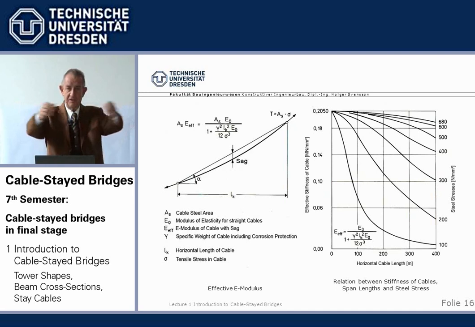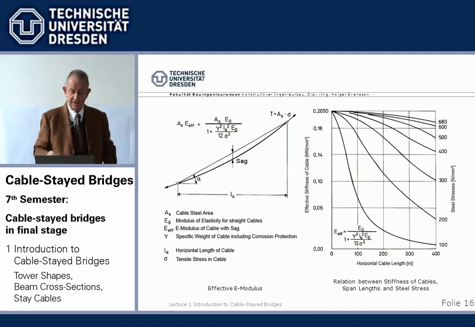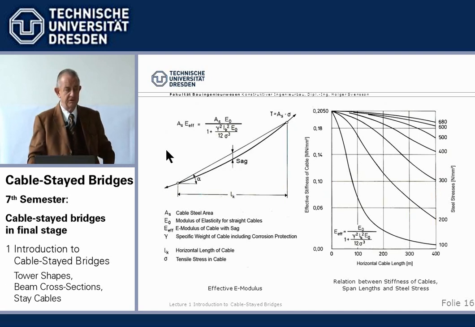I think it's very clear if you have a short line between your hands and you pull at it, the sag is taken out, and that can be calculated. One can use basically the stress of the steel, and we have then an effective modulus of elasticity, which is smaller than the basic elasticity of, say, a vertical cable, in the range of stress to the power of 3.